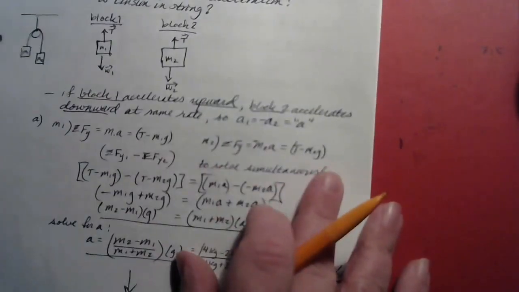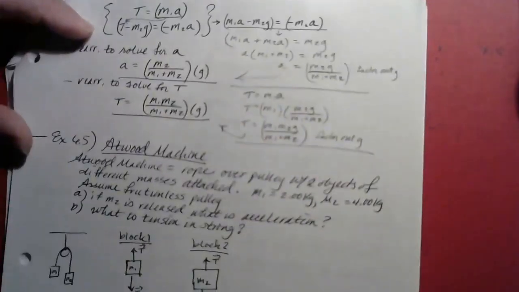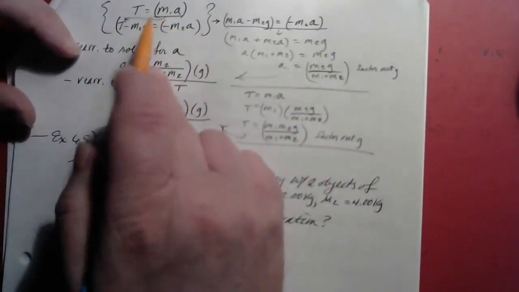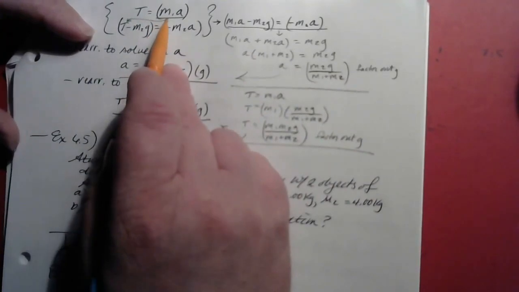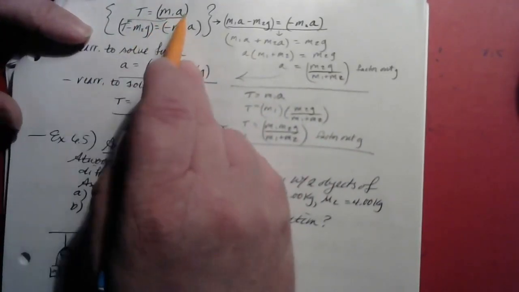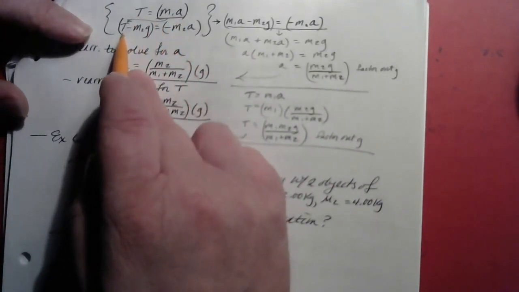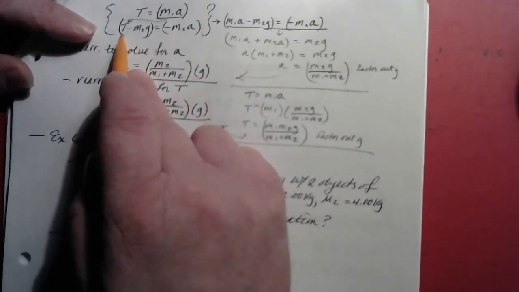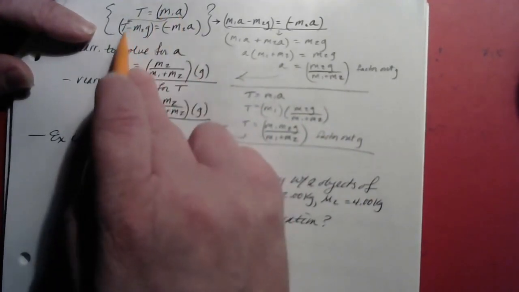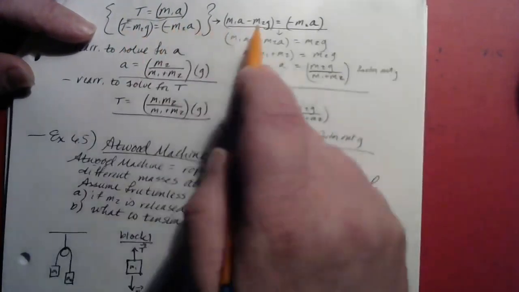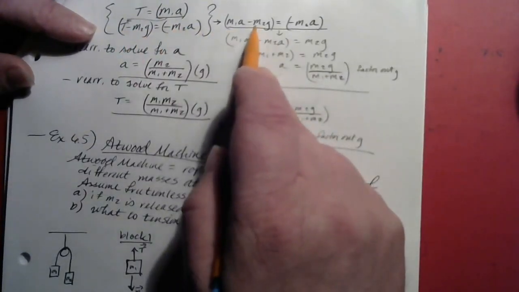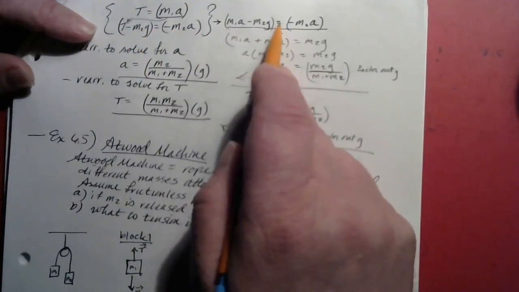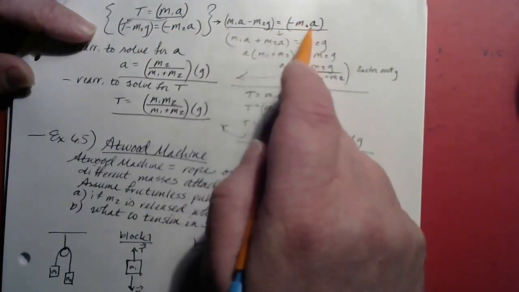Combining these equations, since T is equal to M1 times a, we can substitute M1a in for T in the second equation. We get M1a minus M2g equals negative M2a.